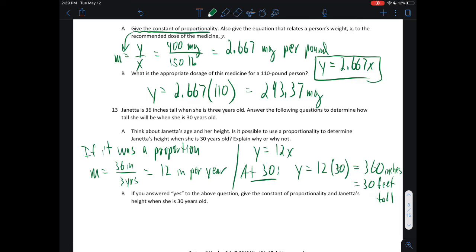So, no. Part B, if you answered yes to the above question, give the constant of proportionality and Janetta's height when she is 30 years old. So, this is not reasonable. So you can see that some things aren't proportionalities. We don't keep growing at the same rate that we did when we were children.